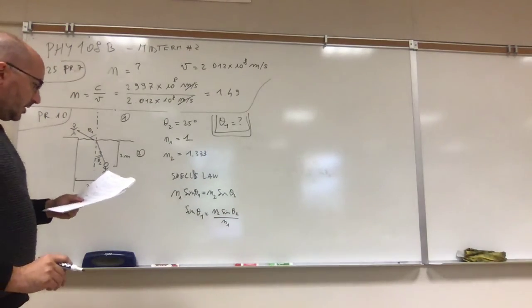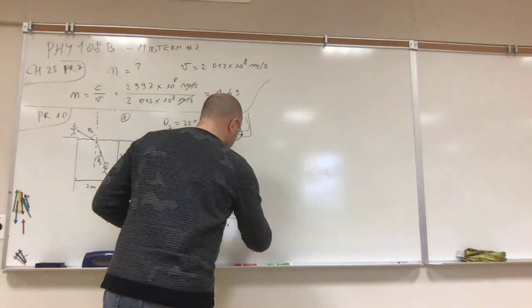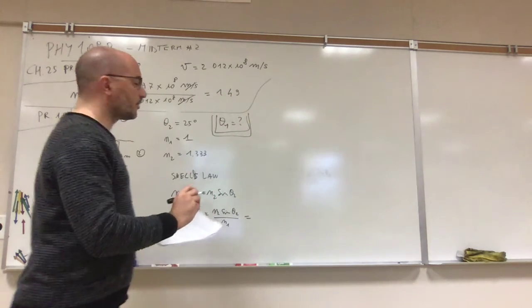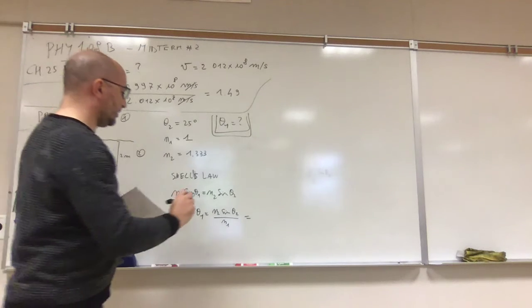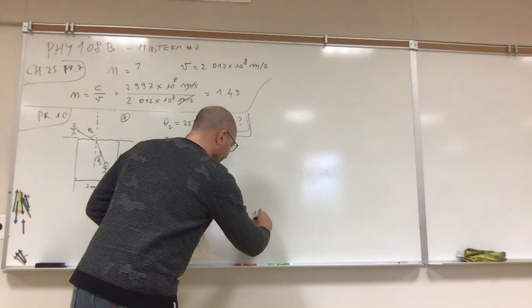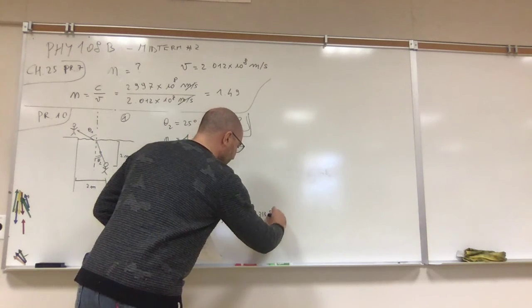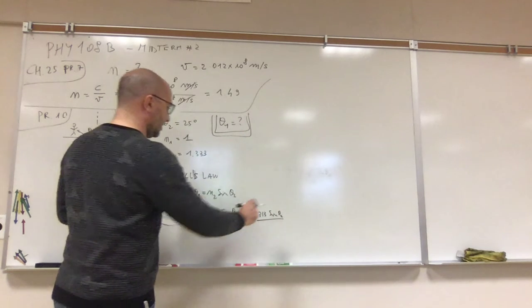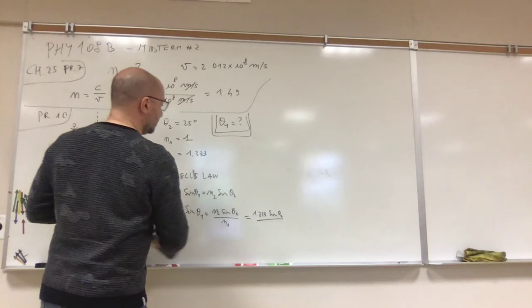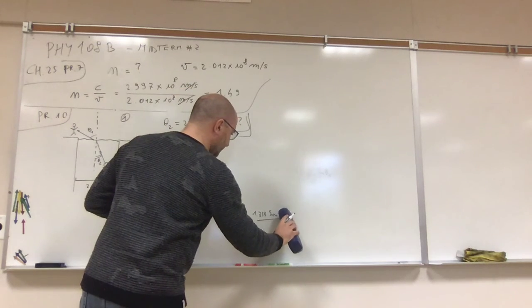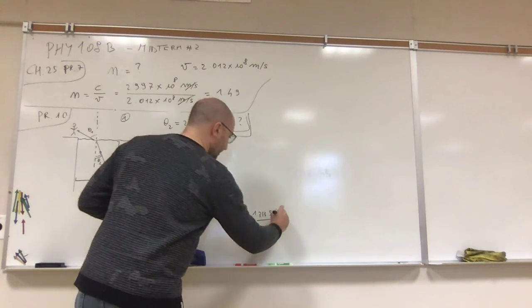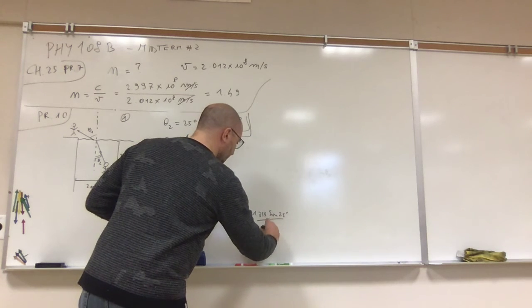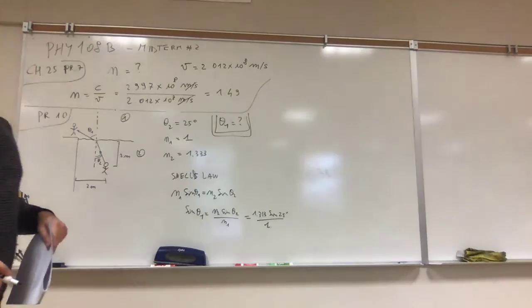So what does it mean? This means that n2 is 1.33, times the sine of theta 2, which is known and is 25 degrees, divided by n1, which is just 1.